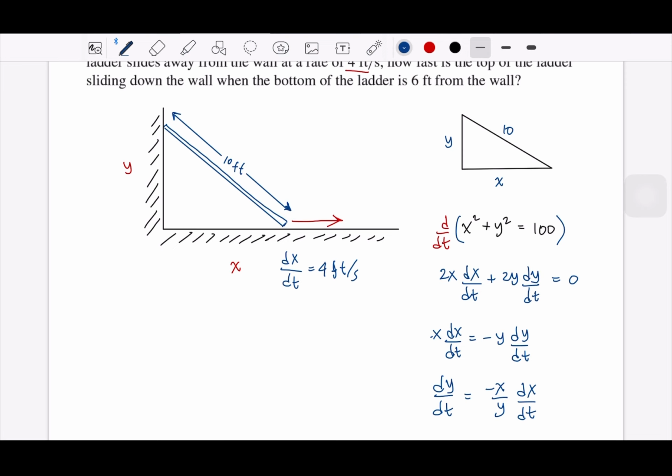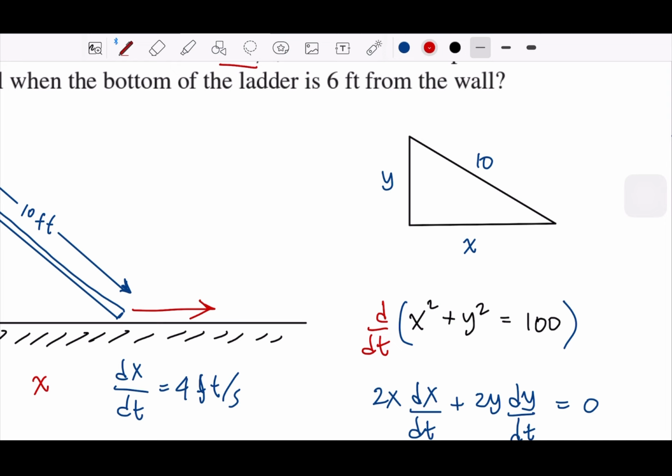So we are not sure how the ladder will be. Is it like this, like this? So we are not sure about initial x, but for sure the question is asked when x is equal to 6. So we are going to look at this triangle, and if this is 6, then this is a perfect Pythagorean triangle.